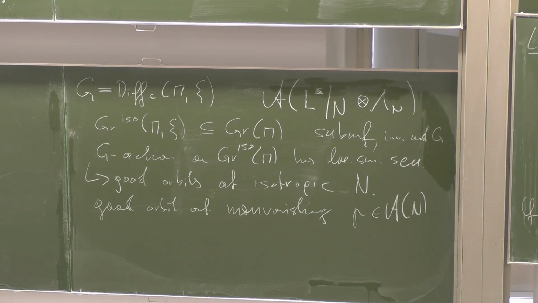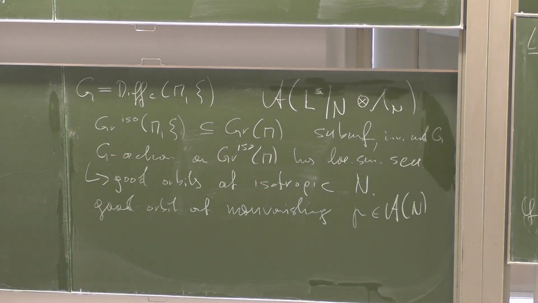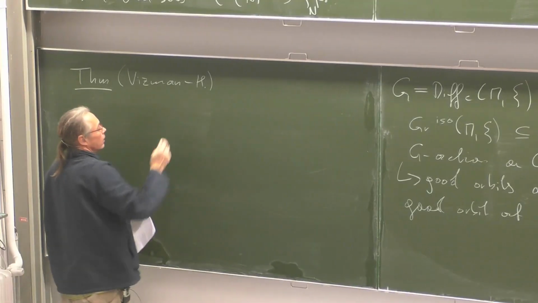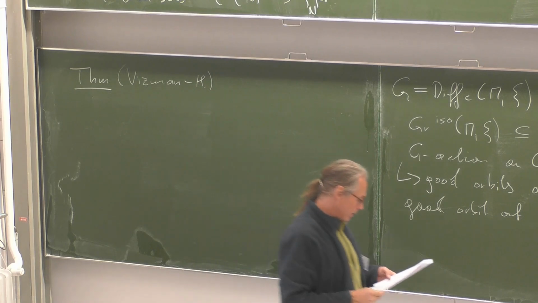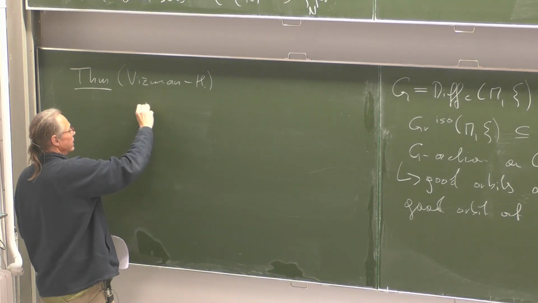This is not so easy to see, but it's a consequence of a stronger statement. Maybe let me formulate this because it's the only theorem in my talk. This is joint work with Cornelia Vizman. In the contact situation, you can look at embeddings.